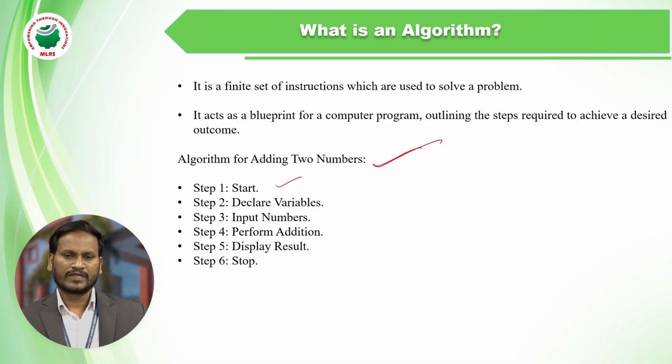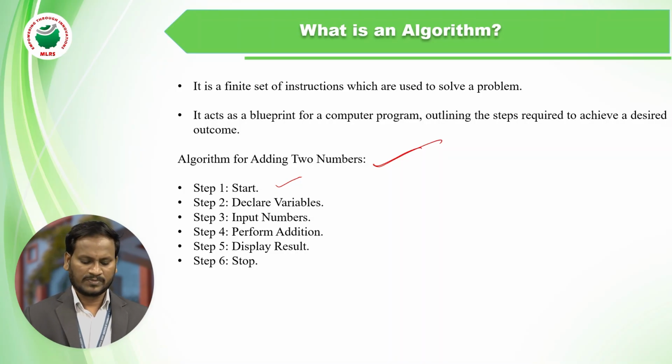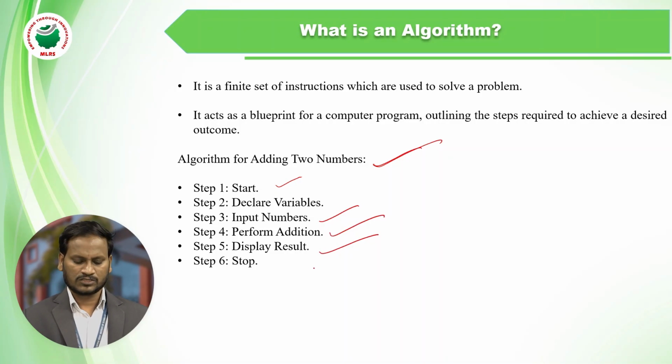So we need three variables. Third step is input numbers. Fourth is to perform addition. Fifth step is displaying result. Sixth is stop. So this is the example of an algorithm.